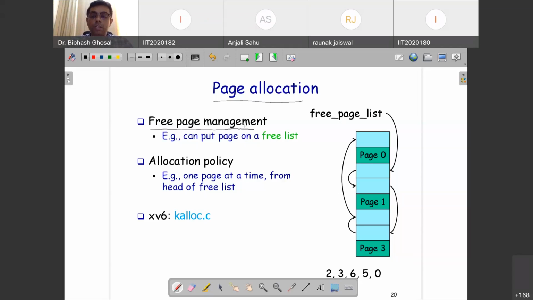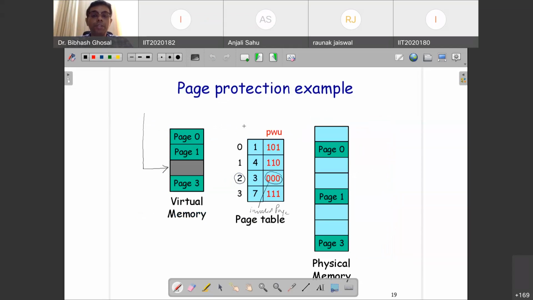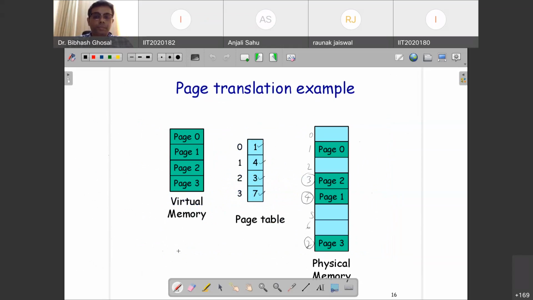Okay, there's a request to repeat this page protection. Let me go back to this example. As you see in this example, every page has its equivalent frame number. So every page has an entry in the page table.